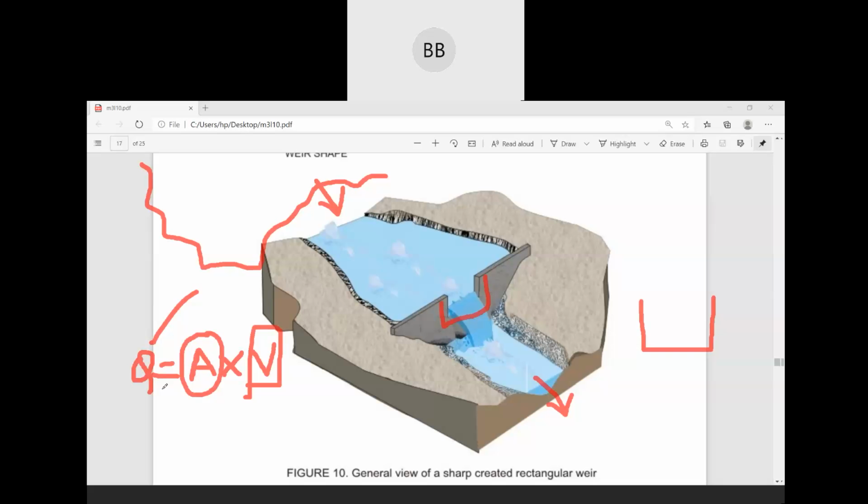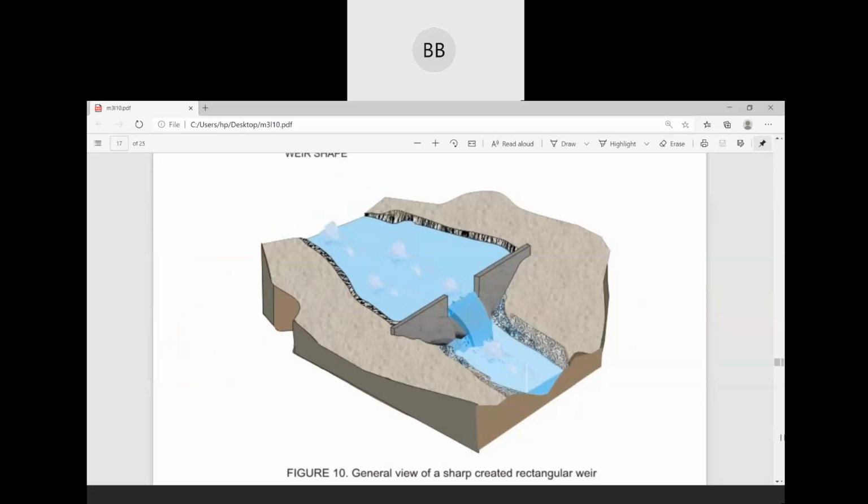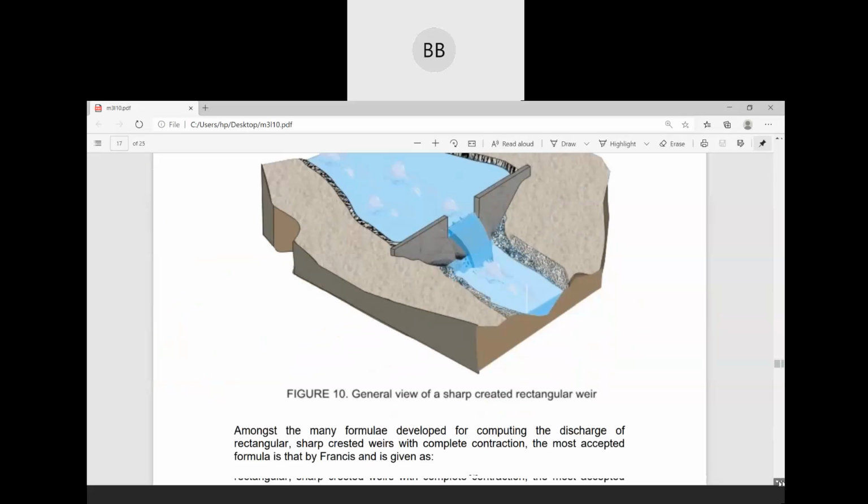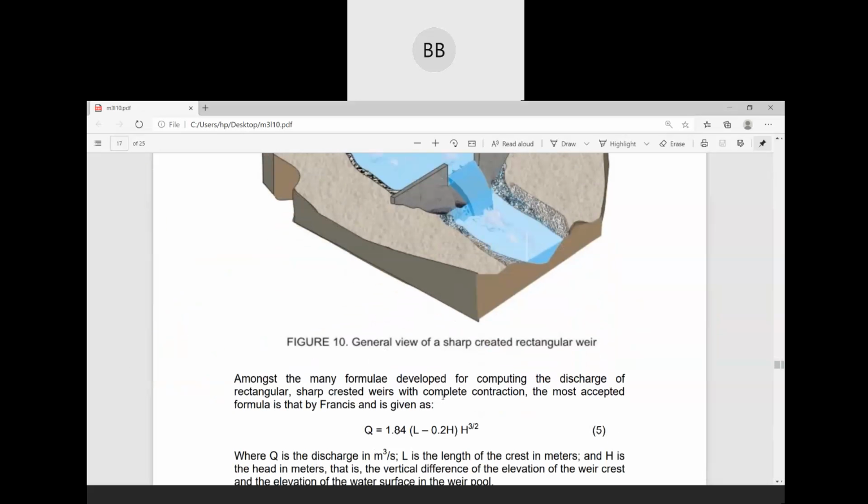So for these weirs we have a defined equation. Suppose for a sharp crested weir, this is the equation for discharge, and those equations are already derived. So we can directly use that equation and find the discharge for that particular channel.